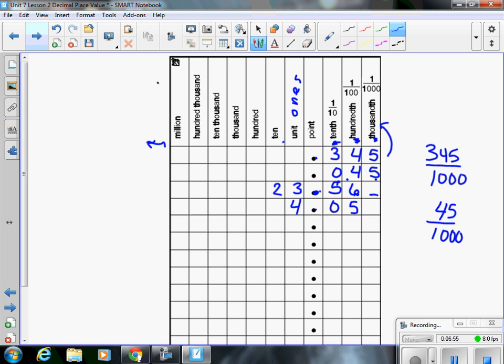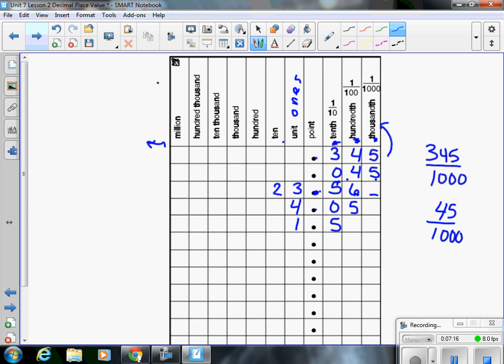Let's try, say this one out loud to yourself. Okay, that's right. It would be 1 and 5 tenths.